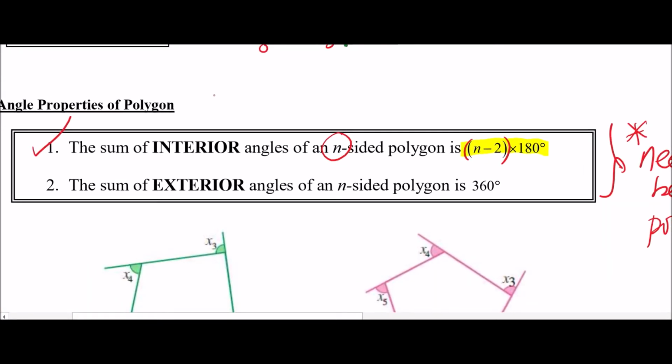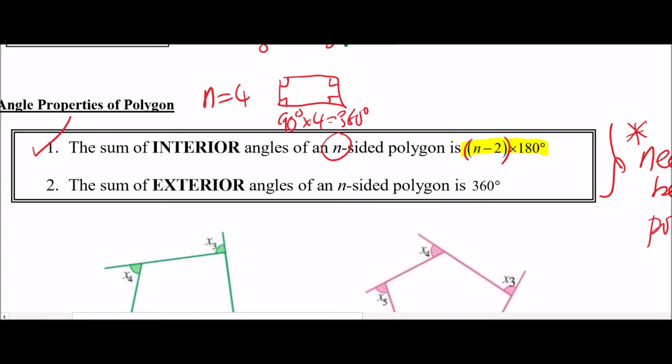So what does it mean? Let's say, for example, we have n equals 4, right? Let's say we have a rectangle. Now we all know that for the rectangle, we have all 90 degree right angles for interior angles, yeah? So what is the sum of the interior angles in this rectangle? Well, the sum of interior angles is 90 degrees times 4, which is 360 degrees.